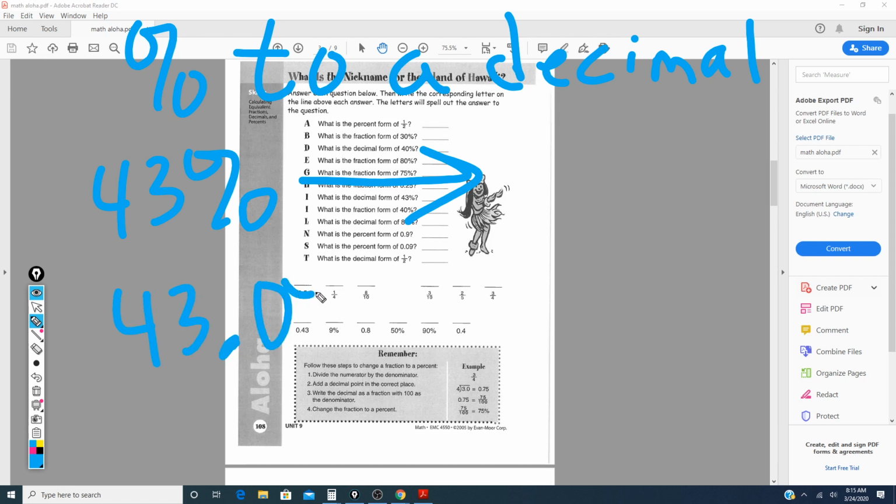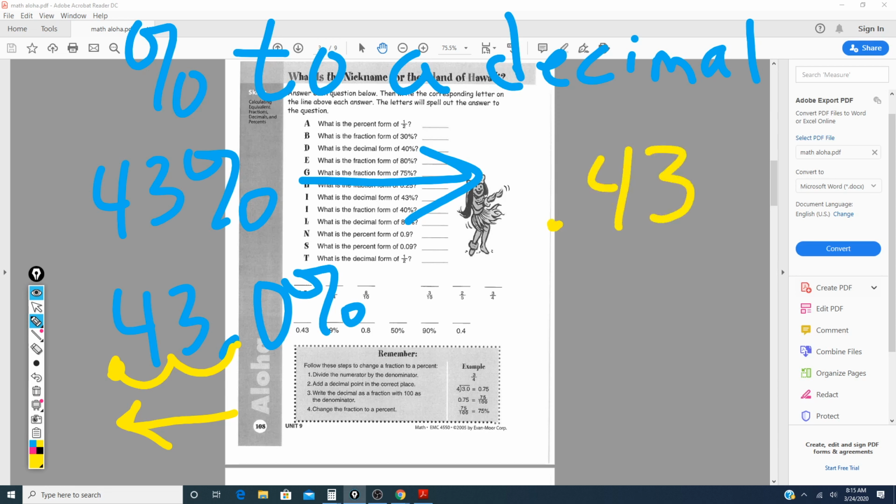Technically what you're seeing here is 43.0%. When you change it to a full-fledged decimal, you move this decimal 1 and 2 to the left. So it's 2 to the left, which makes your decimal 0.43. So that covers changing from a percent to a decimal. I'll give you guys time to at least have that written down.